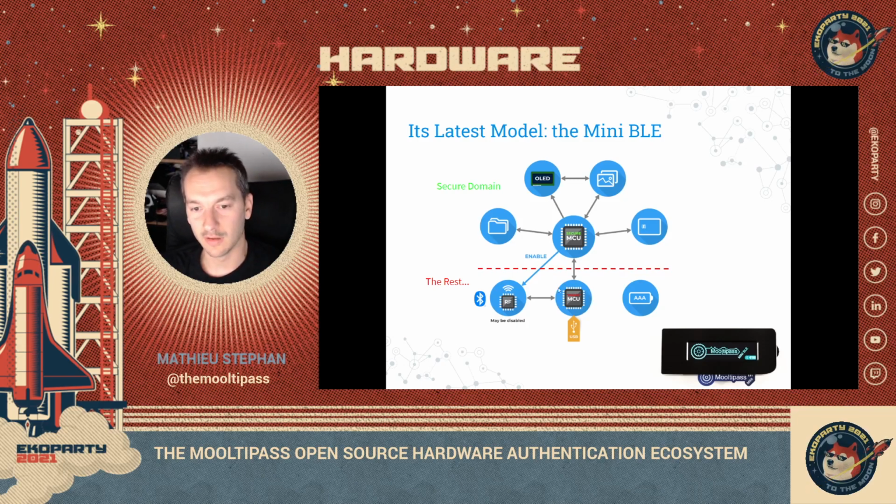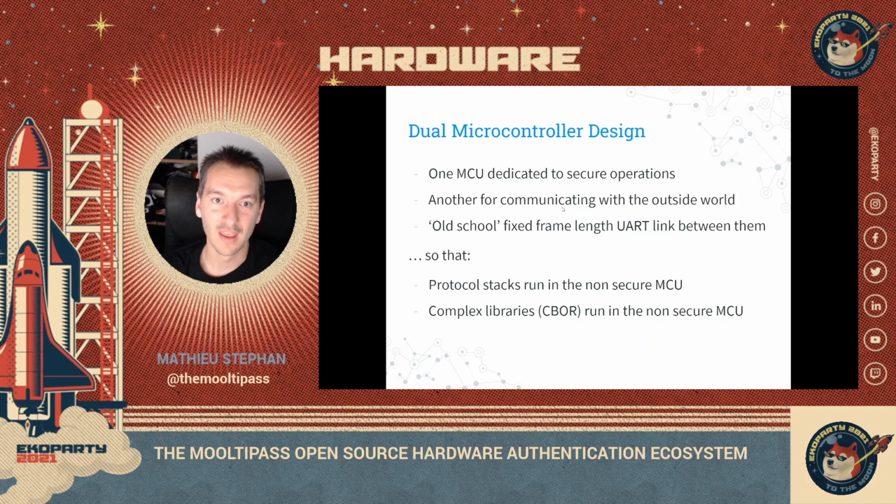So the auxiliary microcontroller deals with the communication. And then we have a main microcontroller, secure microcontroller, that deals with the rest: the file storage on device, the graphics that you see here, communication with the smart card. We also have a clickable thumb wheel interface for the user to interact with the device, and then an OLED screen.